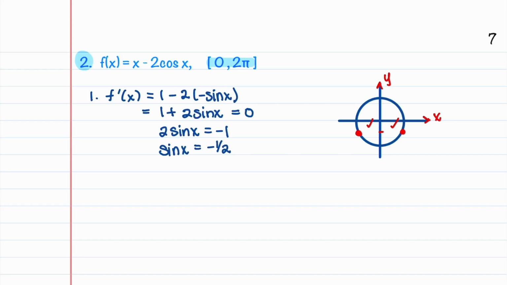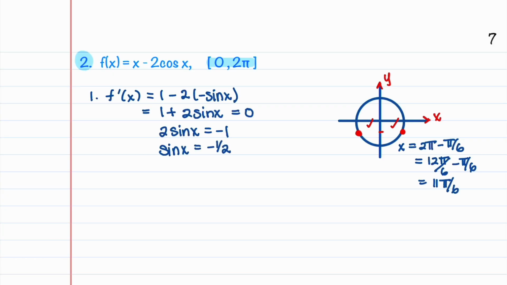The point on the right is going to be x is equal to 2 pi minus pi over 6. You can always think about reference angles, and you know that sine of pi over 6 is equal to 1/2. And this gives us that x is equal to 12 pi over 6 minus pi over 6, so this is just 11 pi over 6.